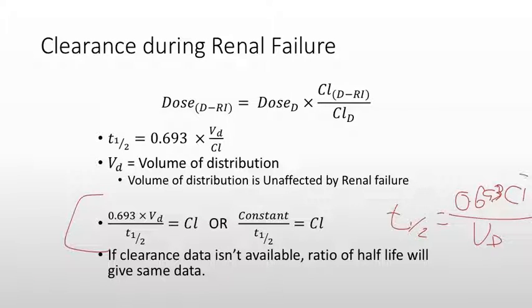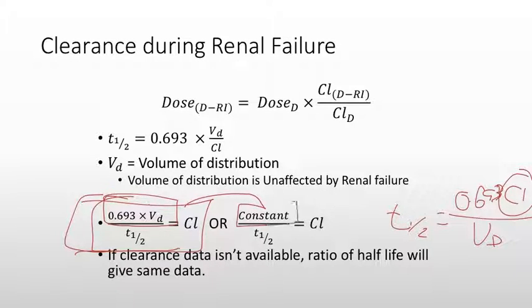If I solve this equation for clearance, I get this right here. The clearance is equal to 0.693 times the volume of distribution over the half-life. We assume that the volume of distribution is the same, so it's a constant, and the new clearance is equal to some constant over the half-life.